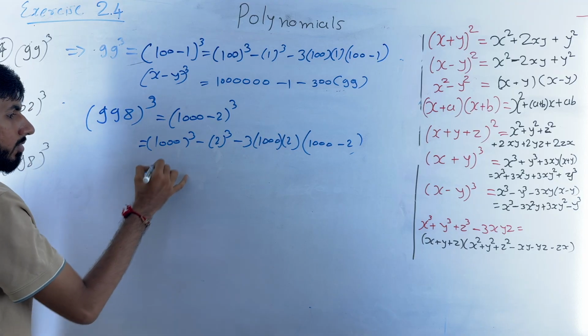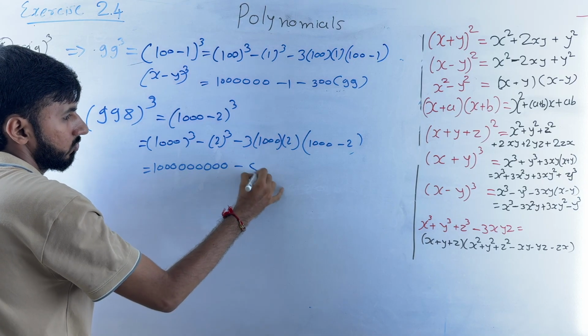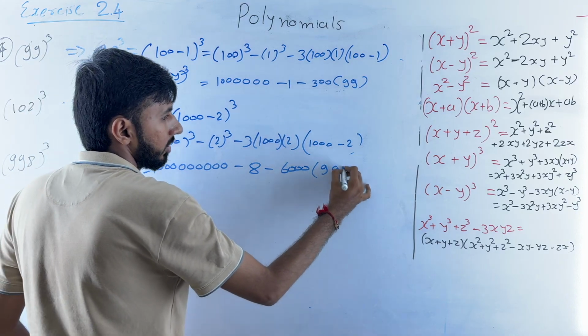So my answer will be 1 and 9 zeros minus 8 minus 6000 in the bracket 998.